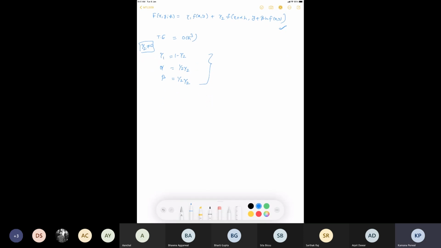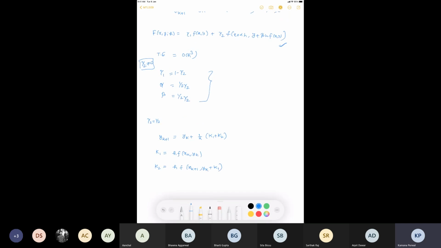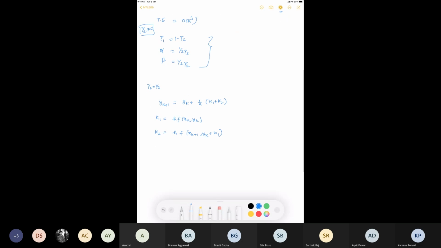In particular, if we take gamma 2 equals 1 by 2, we obtain y_{k+1} as y_k plus half of k1 plus k2, where k1 is h times f evaluated at x_k, y_k, and k2 is h times f evaluated at x_k plus h, y_k plus k1. So this was the idea of the RK method of order 2. Basically, this is a one parameter family, and the parameter here is gamma 2.